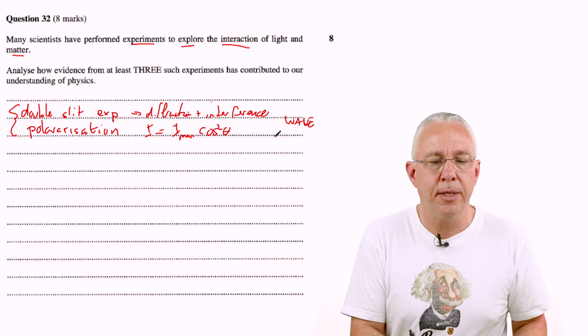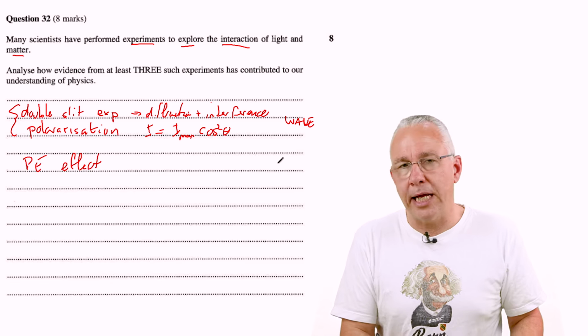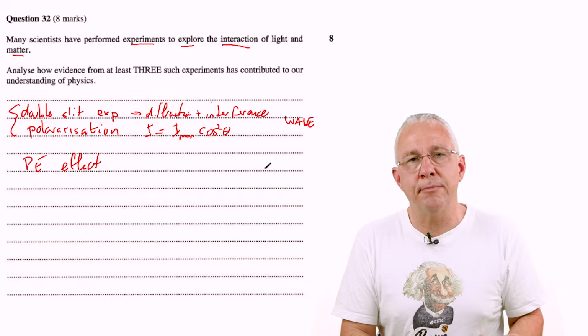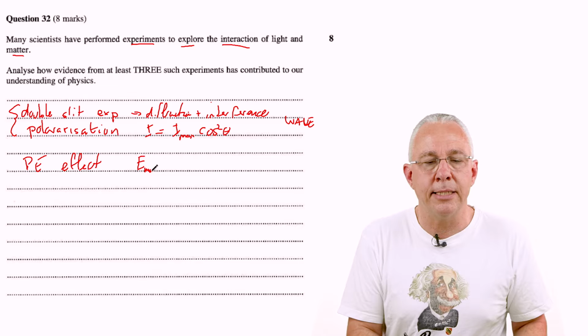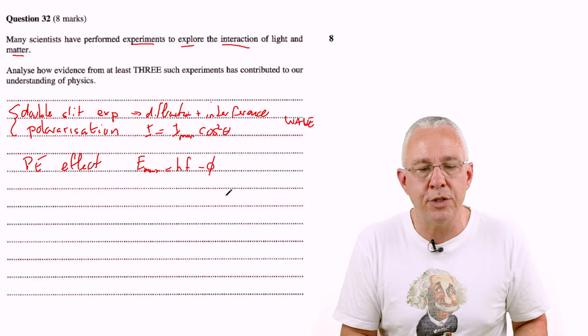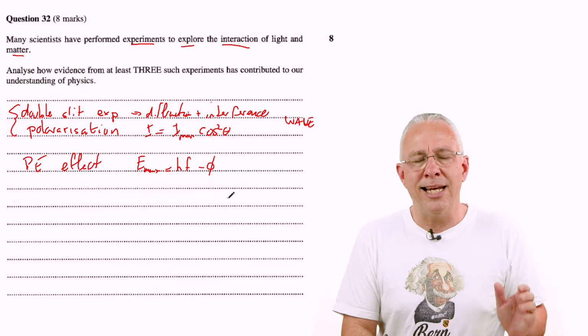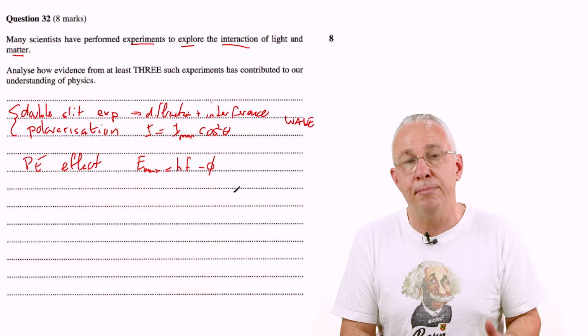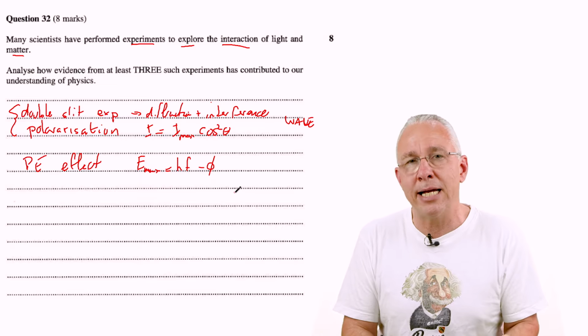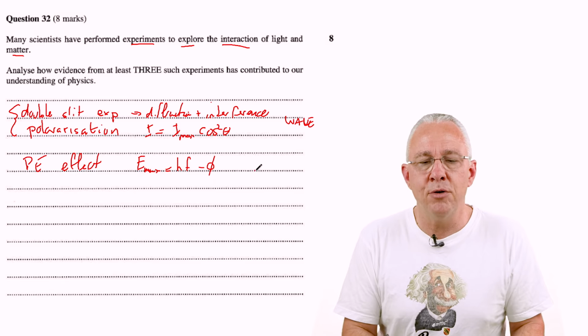So there's already 2. Then, of course, we can talk about the photoelectric effect. Now, the photoelectric effect, of course, is where light strikes a metal and photoelectrons are emitted. And of course, we remember the formula that E max is equal to hf minus phi. We've seen this in a previous question in the multiple choice section. And it can only be explained by understanding that light can arrive as discrete, that is, arrives in packets of energy or photons whose energy is equal to hf.